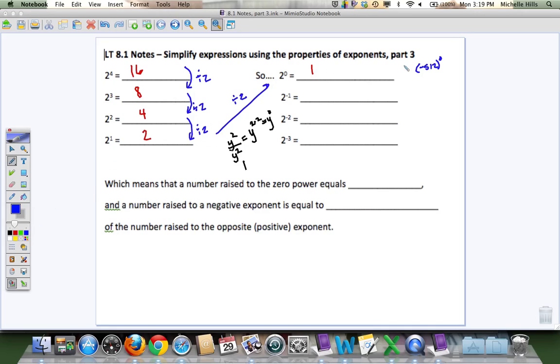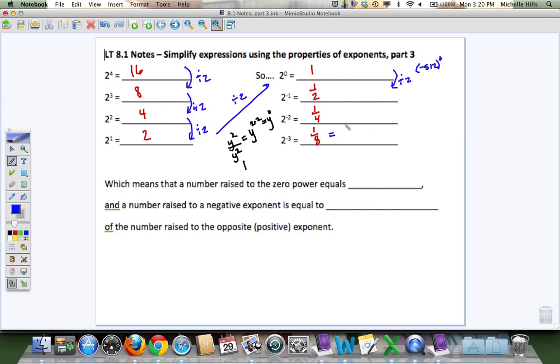Keeping this going, if I keep dividing by 2 all the way down, what I end up with is 1 divided by 2 is 1/2. 1/2 divided by 2 is 1/4, and 1/4 divided by 2 is 1/8. Notice that 2 to the positive 3 power is 8. 2 to the negative 3 power is 1 over 8.